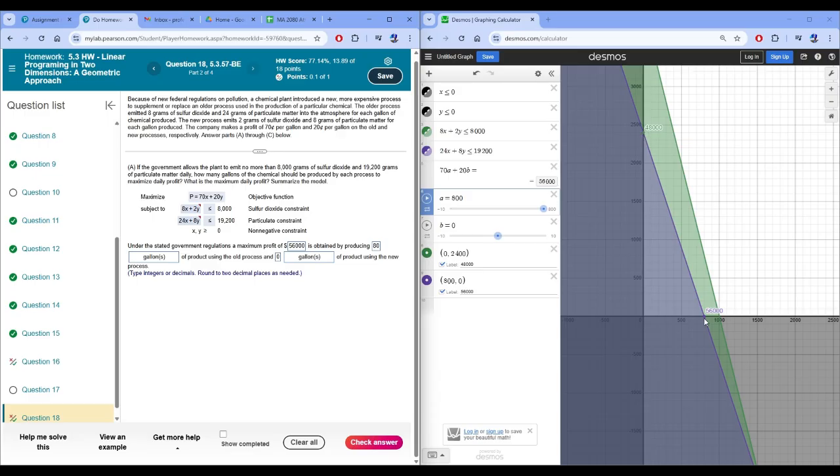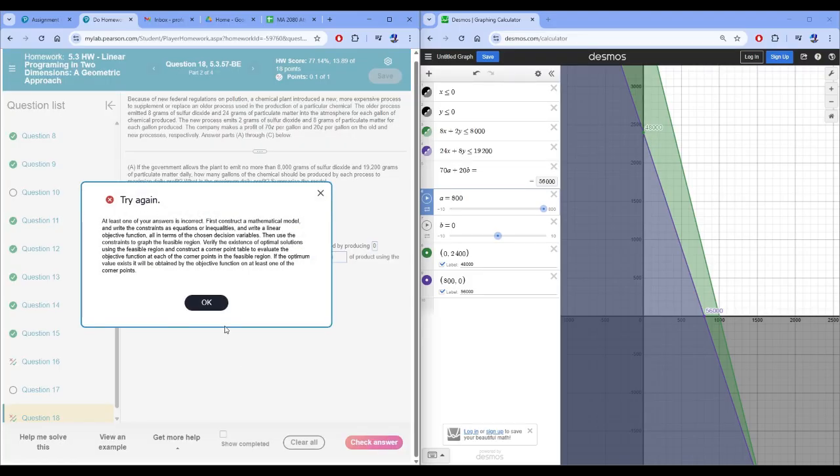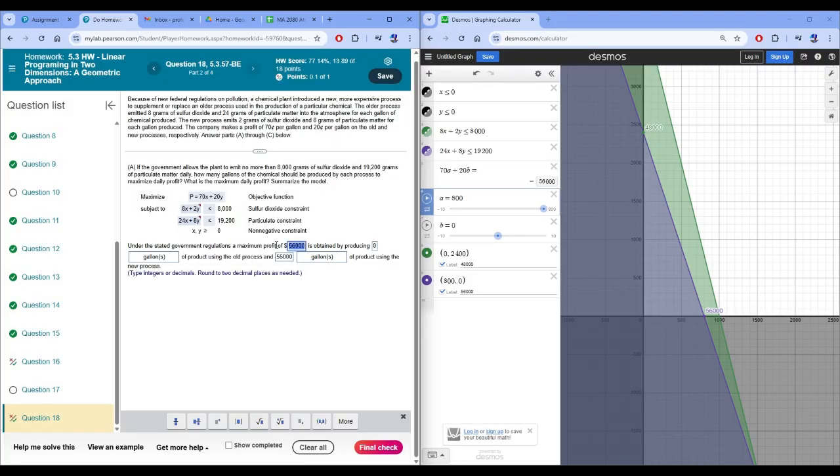Maximum profit would be 56,000, obtained by producing 0 gallons and... No, I don't think this is right. No. This should be 800 and this should be 0.